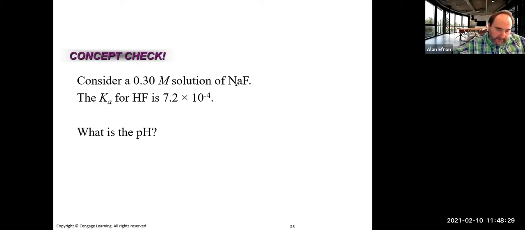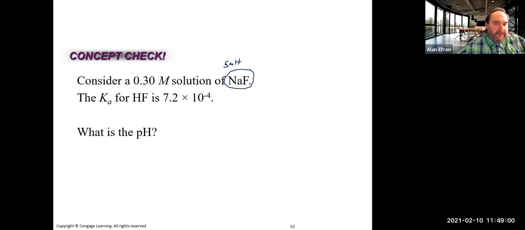So first off, we have a problem with 0.3 molar sodium fluoride. We have a Ka value for HF, which is 7.2 times 10 to the minus 4. A couple of things when you look at a problem like this: first, you should recognize that sodium fluoride is a salt, and what we have going on here is some type of hydrolysis problem, sometimes referred to that way because it reacts with water.